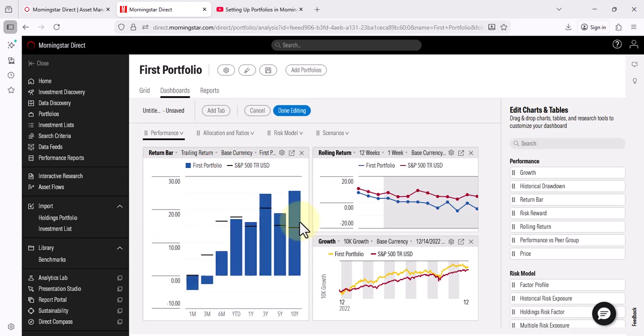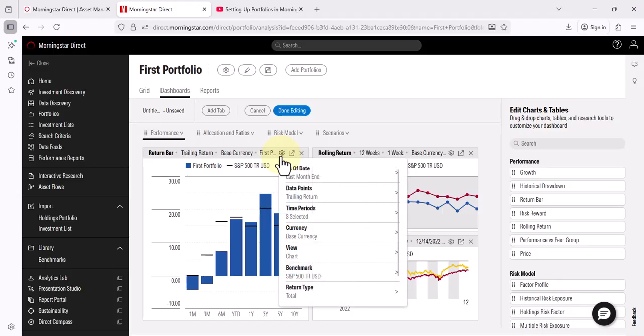I'm going to enlarge it a little bit so you can see it. So this gives us a graphical representation of the return for our portfolio. The blue bars here compared to the S&P 500 shows us what's going on there. I can change some things here by pressing the gear.